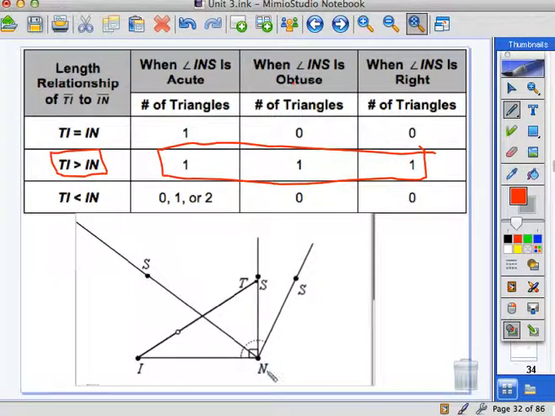If this is N here, this would be side N, this would be side S, and this would be side I, whether we had an acute, a right triangle, or an obtuse triangle. For every single one of these, this is always your side I. Notice I have 3 different options there.